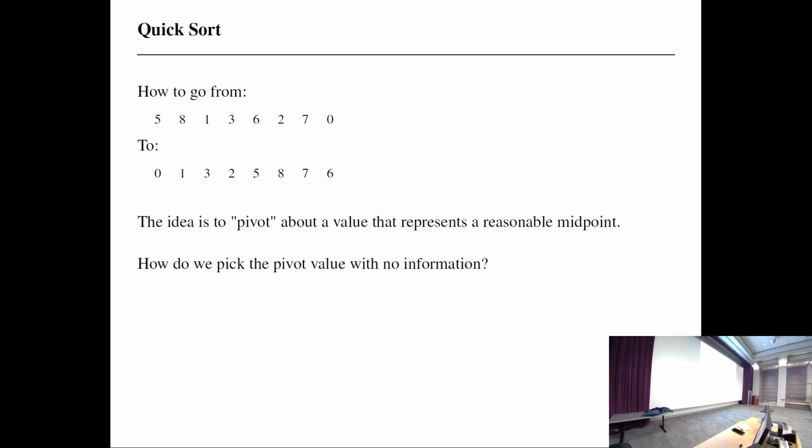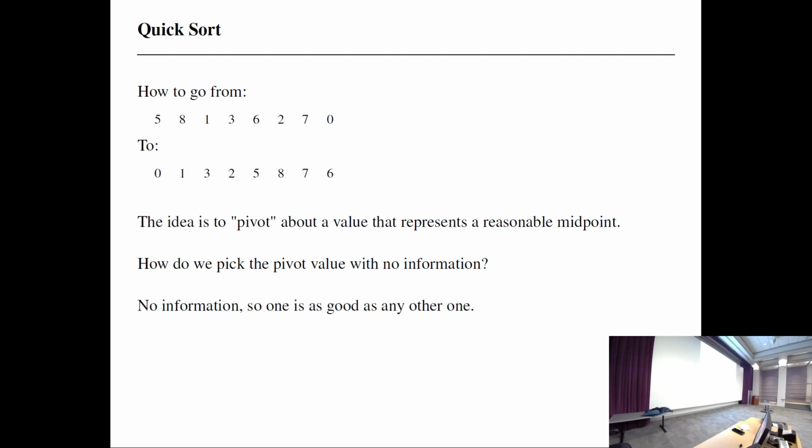So how do I pick a pivot value? I don't know what the middle value is. Sure, I could scan the list and do some calculation to find the mean value, or actually the median value of the list, but that's going to take a lot more than order n time. So I'm at an impasse because there's no way of doing this efficiently without using up computation time that will make my calculation overall slower.